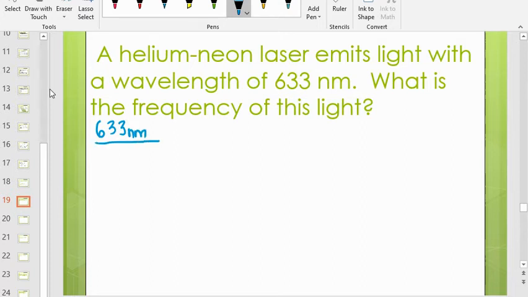If you think back to our metric unit, we did dimensional analysis, and we need to figure out how many nanometers are in 1 meter. If we go back to the chart I gave you at the beginning of the year, you'll see that in 1 meter we have 1 times 10 to the 9 nanometers. So if we divide these two values, our nanometers will cancel, and that's going to leave us with meters. That will give us 6.33 times 10 to the minus 7 meters.